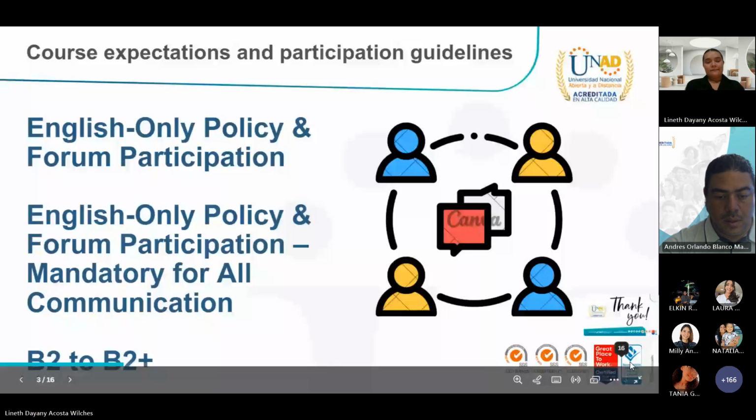You have to evaluate yourself and your classmates in order to improve this part, okay? Especially the speaking skill. Okay, and of course, writing too. But in this part, it is important that you communicate and talk to each other.